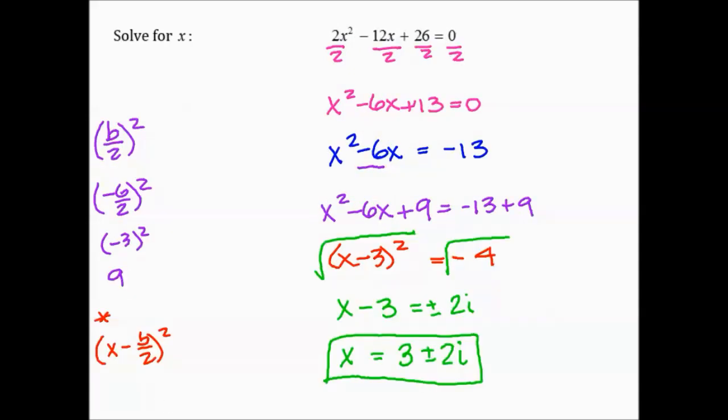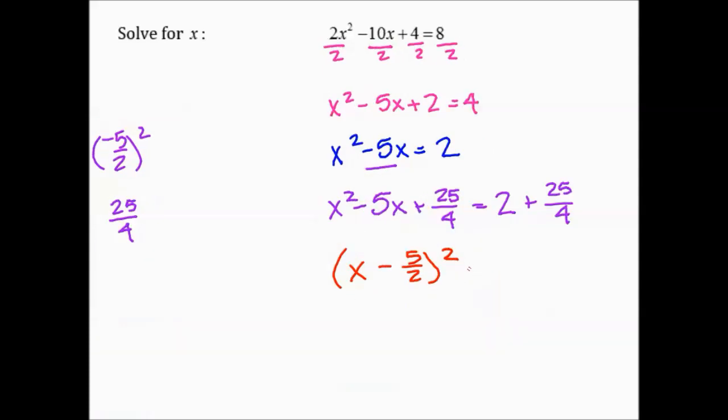Just a note, I did make an error on the previous slide. This should be x plus b over 2 squared. And then if I combine my like terms on the right side, that's going to give me 33 over 4.